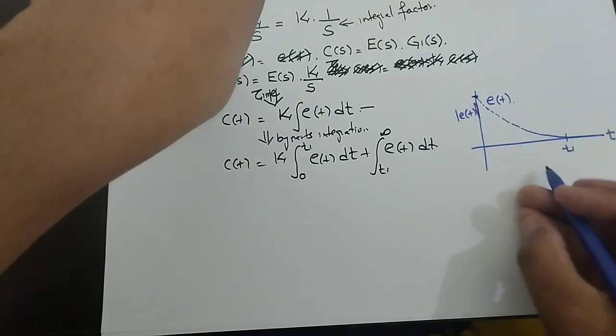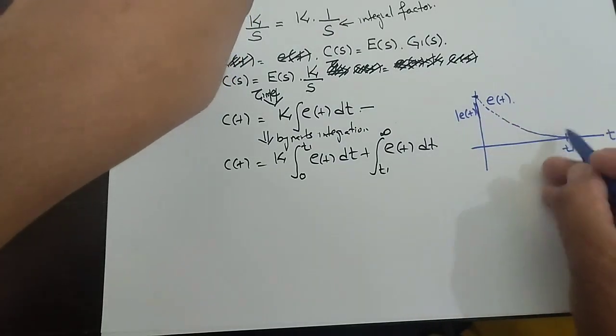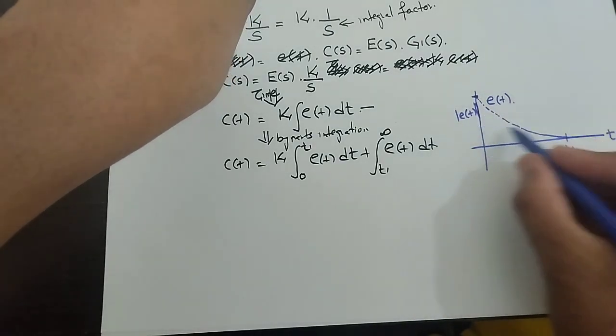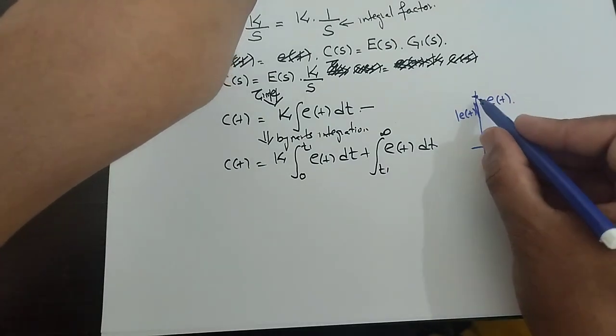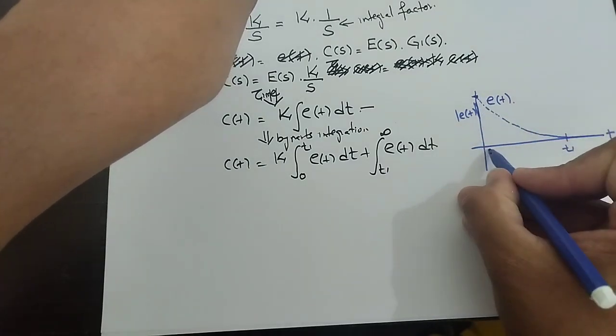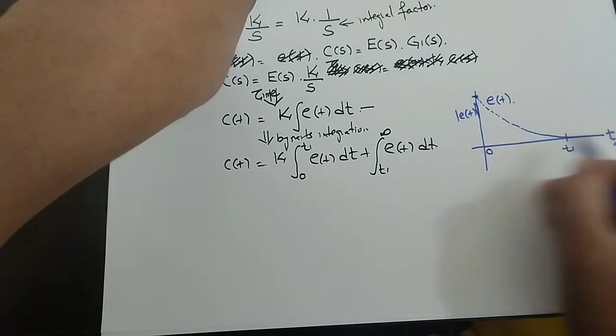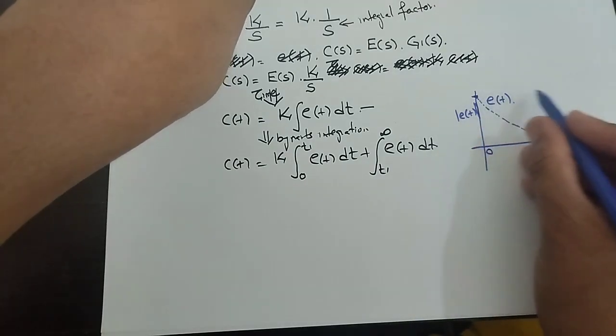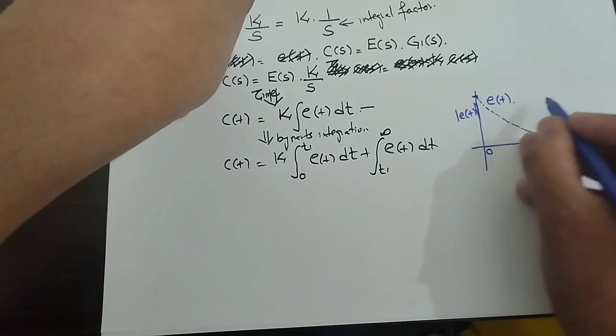Absolute values, right? So what we did here is that we divided this whole domain into two parts. One incorporates the time interval 0 to t1, such that in this time interval we are getting a non-zero error.